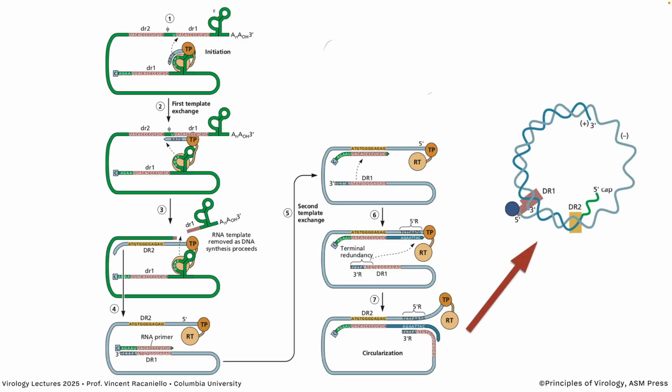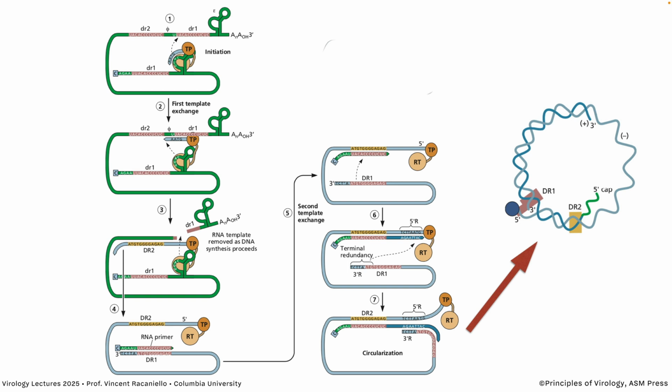Reverse transcription is remarkably similar to that of retroviruses in that you have template jumps, priming at weird places, and so forth. So here's the viral RNA at the top here. There is the reverse transcriptase. It's bound to a stem loop near the 5' end of the genome, right? There's the 5' cap, there's the 3' poly A sequence.